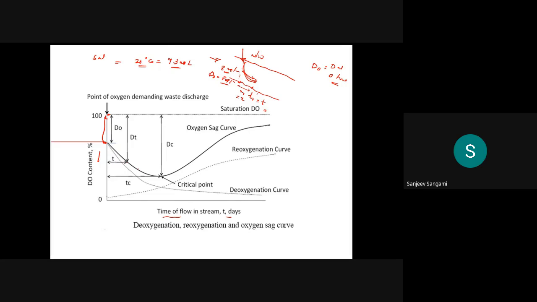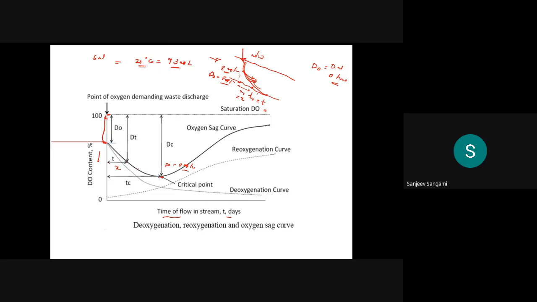This is with time t and the distance x. So at this time, the curve is coming like this. Then up to some extent it will travel, and the curve will reach some point like this. At this point, the DO is completely zero. Here DO is equal to 0 milligram per liter.